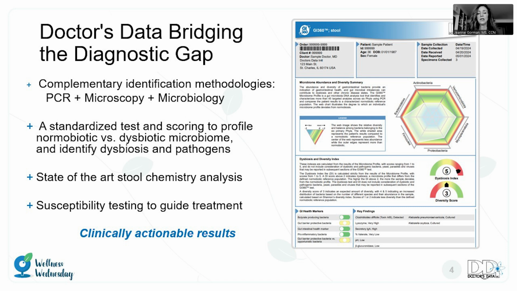In addition, the GI360 also offers state-of-the-art stool chemistry analysis, which are also very important markers, and then can also offer susceptibility testing and sensitivity testing to help guide your treatment for any dysbiosis found. All of this provides you clinically actionable results as soon as you get your test back.